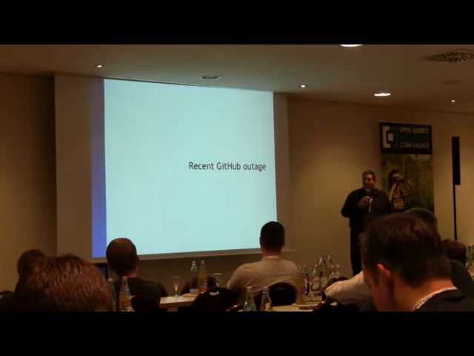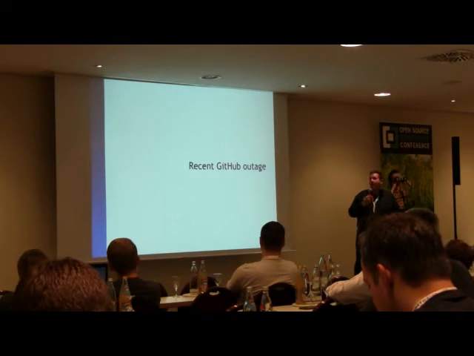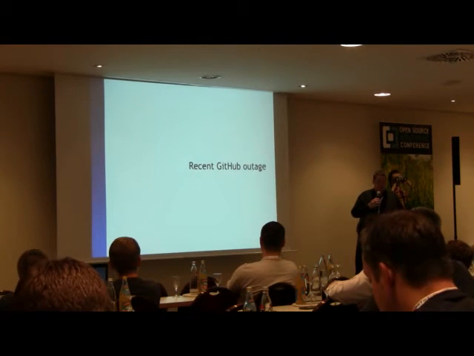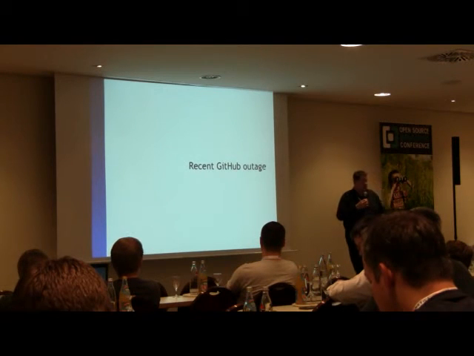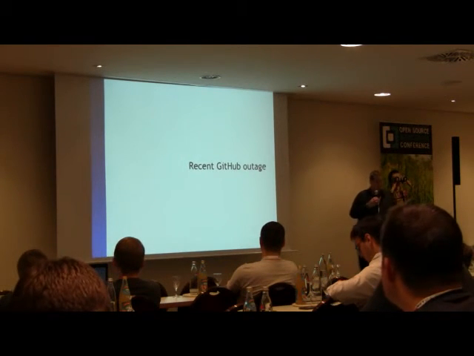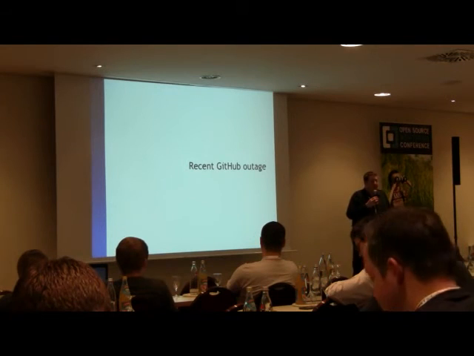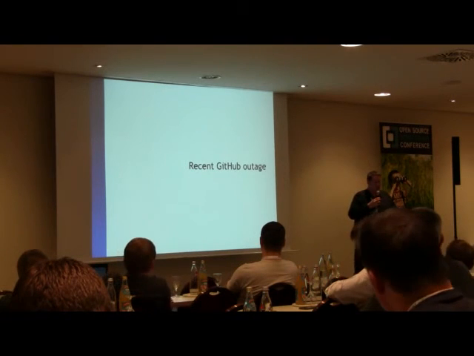Like GitHub did recently. They published a blog post in which they blamed their recent outage on Pacemaker. And if you read that blog post, you will see what they did. They were doing a database migration, and they had Pacemaker active, and Pacemaker was monitoring their resources actively.